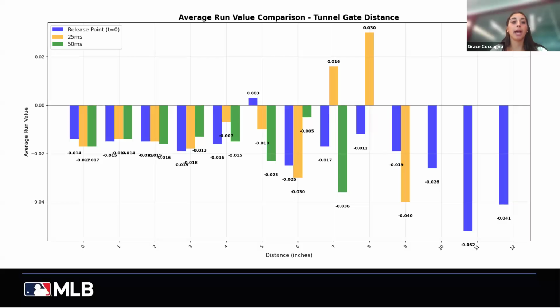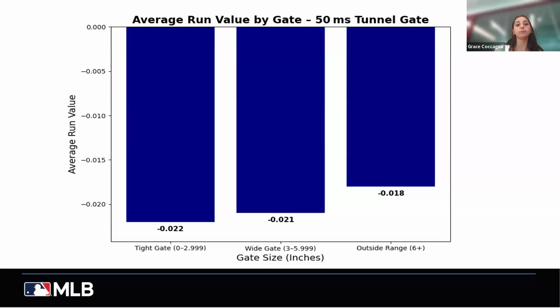Looking at run value again for these 3 points, 0, 25, and 50 milliseconds since the release, I'm not seeing too much fluctuation between them. To me, this suggests that we go ahead with 50 milliseconds because it's an even distance where it's not super early, straight from the hand, but there's still some wiggle room before the ball is entering that tunnel.